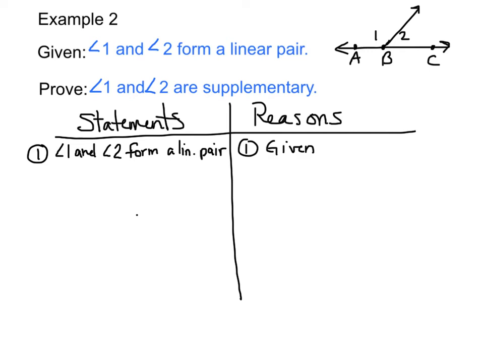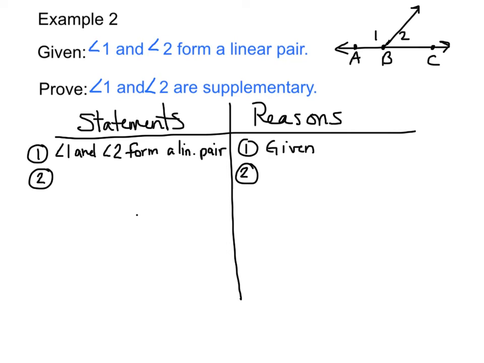I guarantee that if you're given that something is a linear pair, you have to know the definition of a linear pair. The definition of a linear pair, if you don't remember, states that a linear pair of angles is a pair of angles that are adjacent whose non-common sides are opposite rays.